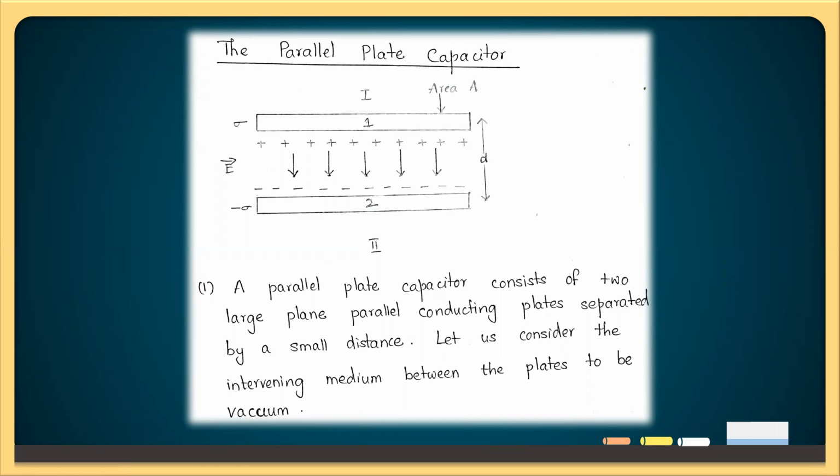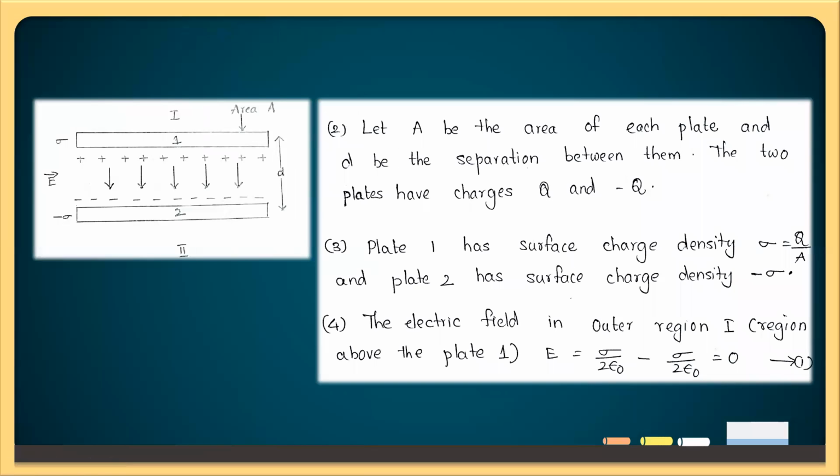Therefore, before going for further discussion, we are taking a simple case where the intervening medium between the plates of the capacitor is vacuum. So we will start our discussion with that.